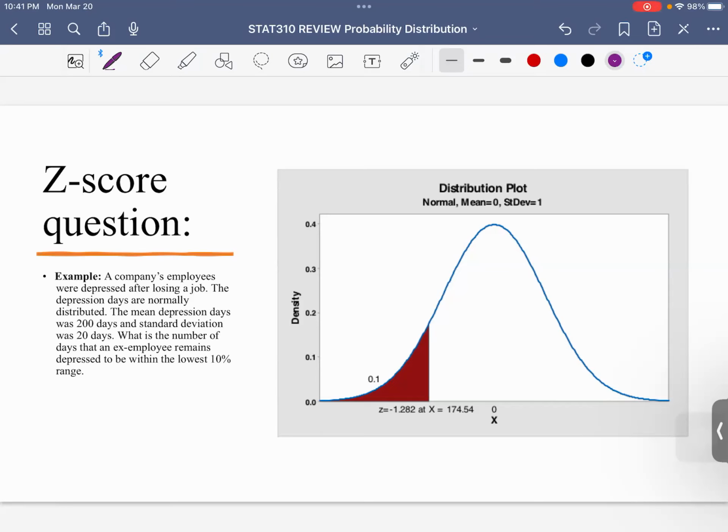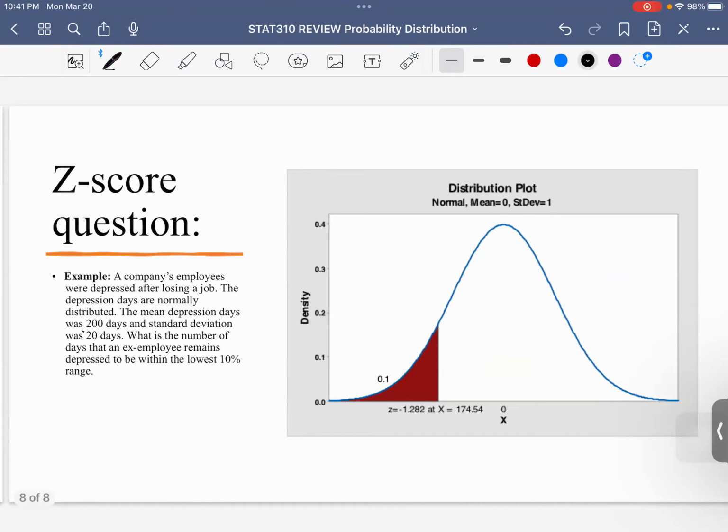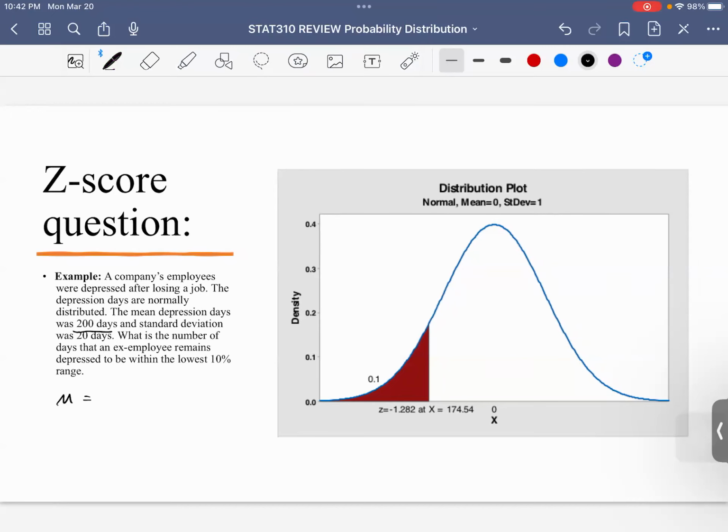So in this question, the mean is 200. The sigma is 20. It's saying find the number of days which is within the lowest 10%. What that means is the 10% here is area. If you've got the area, which is 0.1, you will be able to find the z-score according to 0.1.